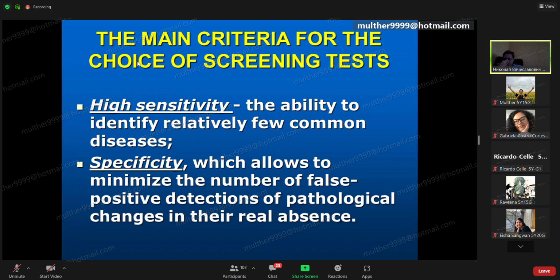It's especially important now, in our current reality, when PCR false positive or false negative results can influence diagnostics and patient treatment.